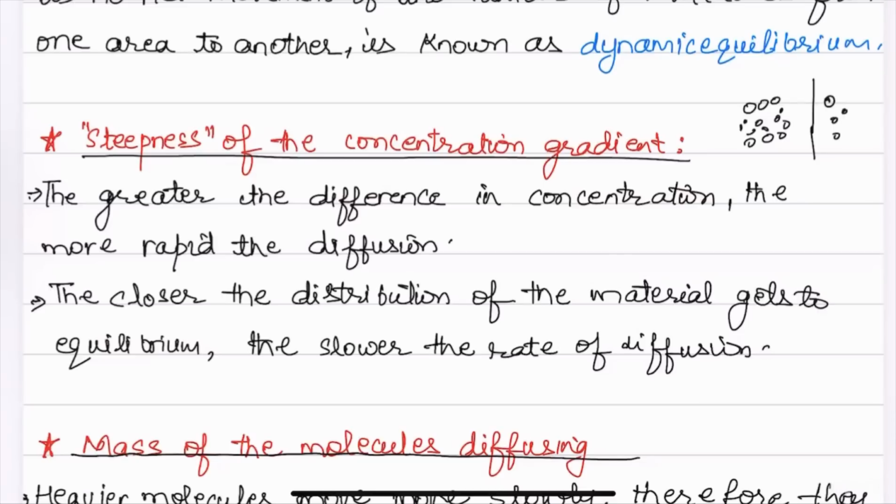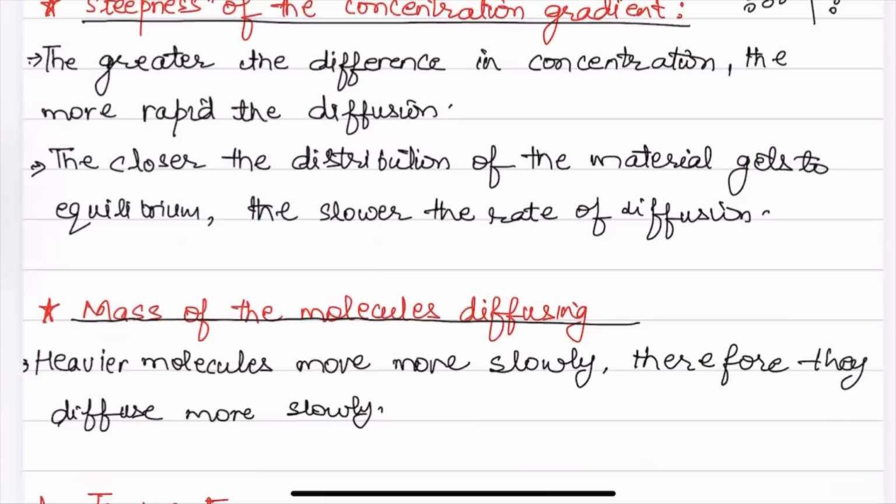So if the difference is too large, the molecules will tend to diffuse faster. And the closer the distribution of the material gets to equilibrium, the slower the rate of diffusion. So as it starts reaching near to equilibrium, the diffusion rate also decreases.